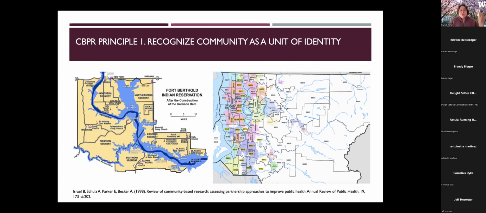And you can see there's a dark blue line and then a light blue area. Early in the 1950s, the Army Corps of Engineers built a dam near Garrison, North Dakota, and it resulted in the flooding of most of the bottomlands of our community.